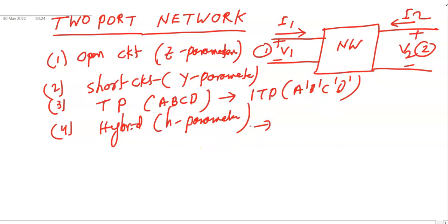For the fourth, we have inverse hybrid parameters, or G parameters. Okay, so we'll discuss one by one.